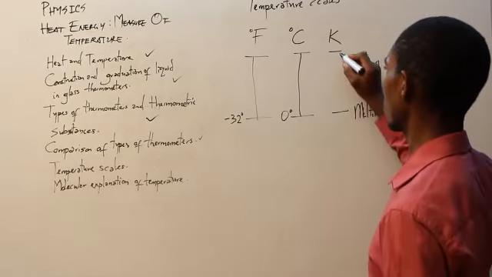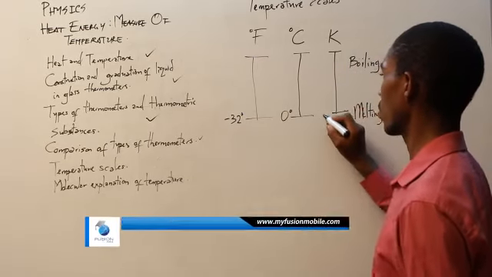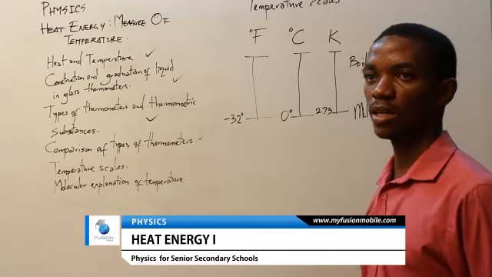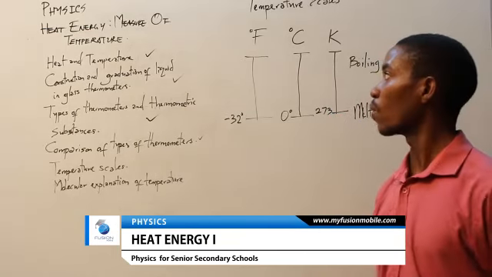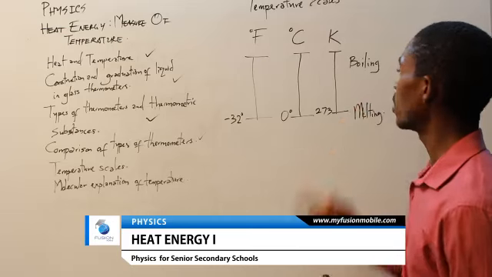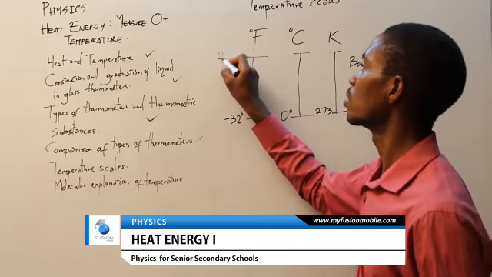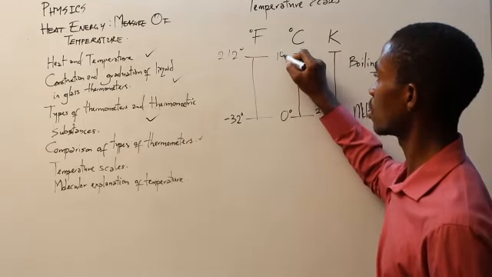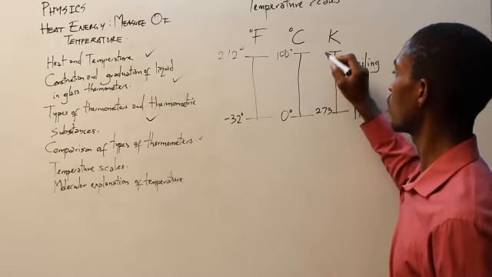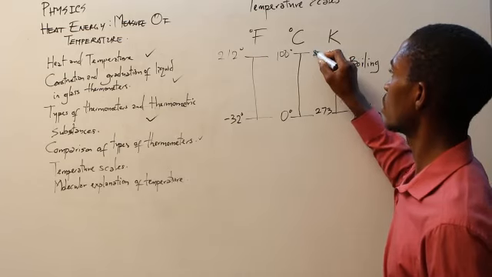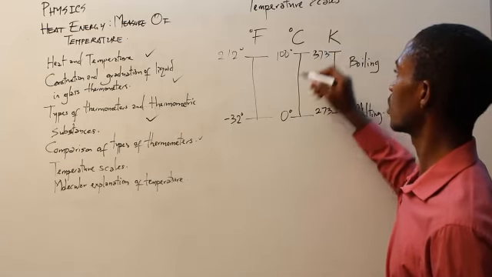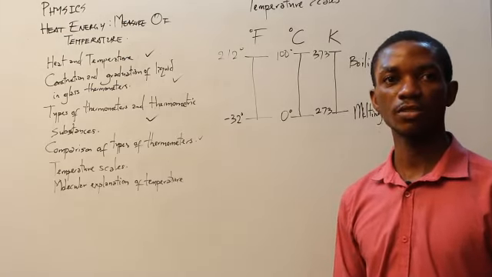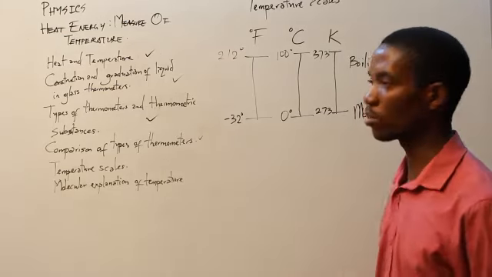But on the Kelvin scale, it is 273 Kelvin. While in the Fahrenheit scale, boiling point is set at 212 degrees. In the Celsius scale, it is 100 degrees. In the Kelvin scale, it is 373 Kelvin. We do not work with degrees when it comes to Kelvin.